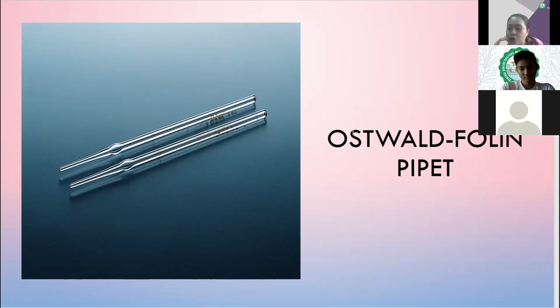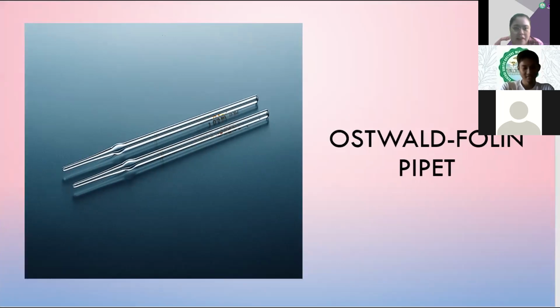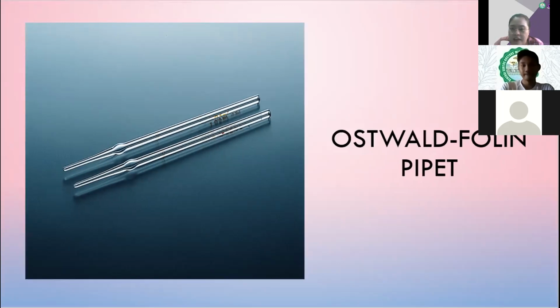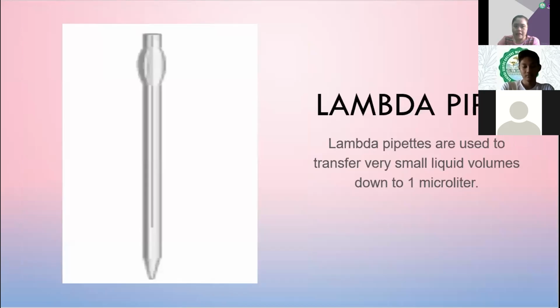And this is also used for blood. Actually, other name for Ostwald pipette is blood pipette. Okay? So kayo mga medtech, ito yung mostly ginagamit natin pag nagde-deliver kayo ng blood. Kung gusto natin siyang i-transfer from one container to another.